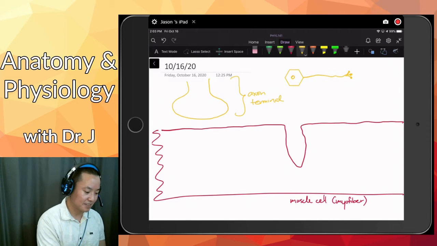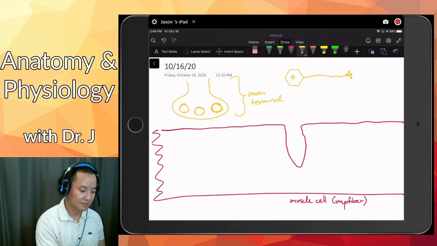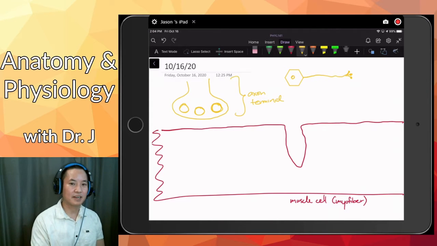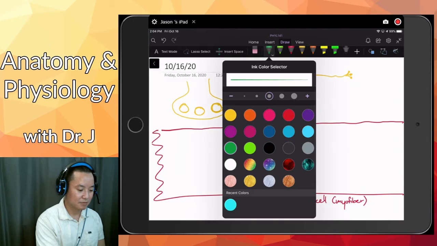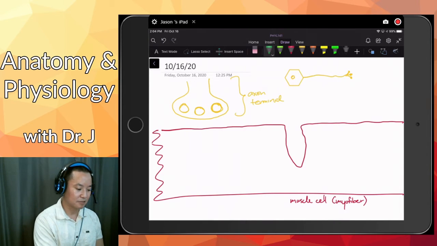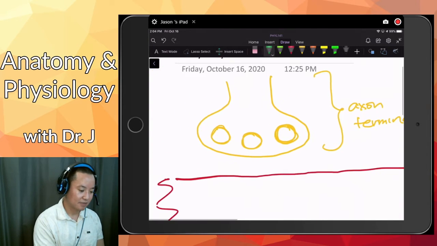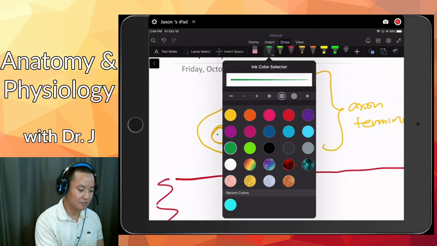At rest, in these axon terminals, you have these little bubbles, and these are called synaptic vesicles. These are like little pockets of cell membrane, and within the ones in the motor neuron, you have this chemical stored.